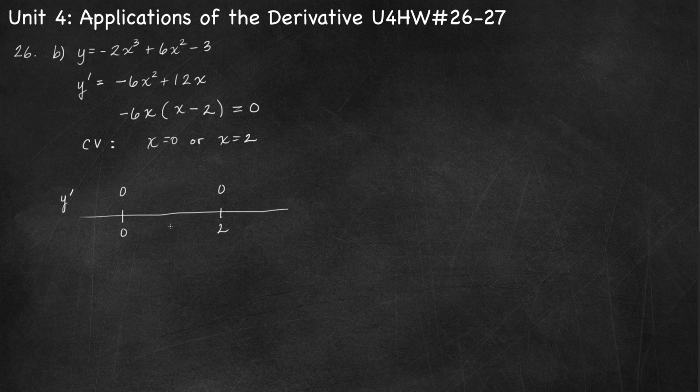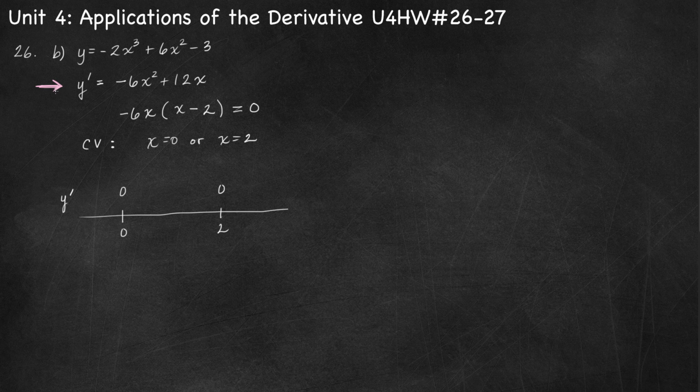So what that means for me is that I can pick any number between 0 and 2 to use as a test point, and then the sign of that one test point will be the sign for all the numbers in my interval. So let's just pick a test point of 1, and I'm going to substitute it back into my derivative right here.